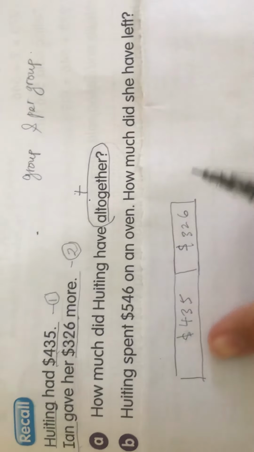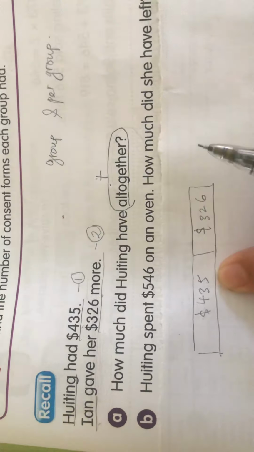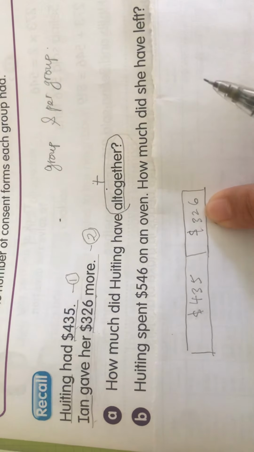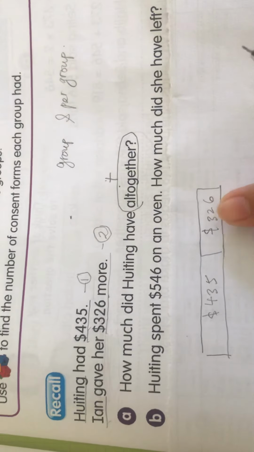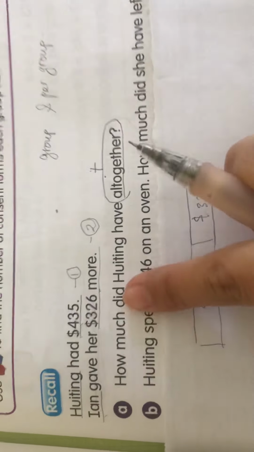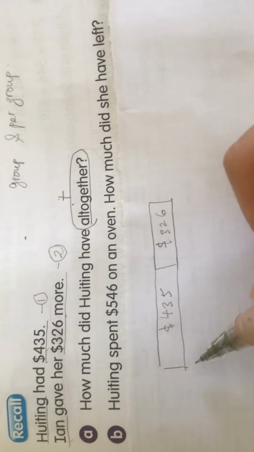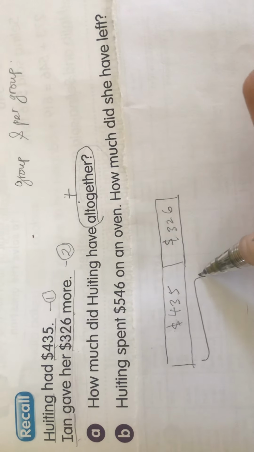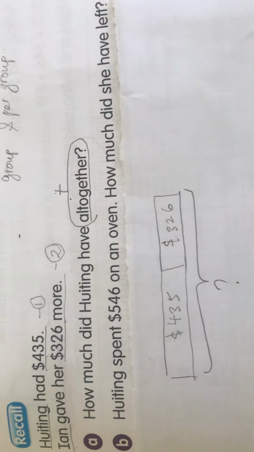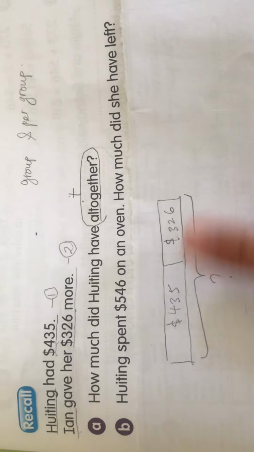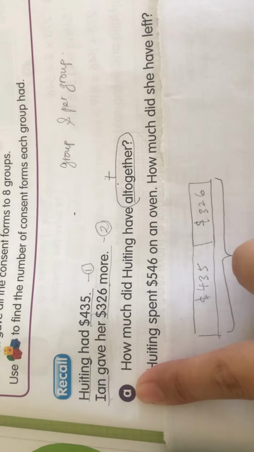Make sure when you draw, 435 is a bit longer than 326, because it's more than 326. So how much did Hui Ting have altogether? Need to plus. That is the first question A.